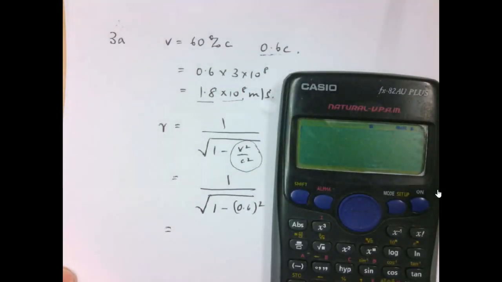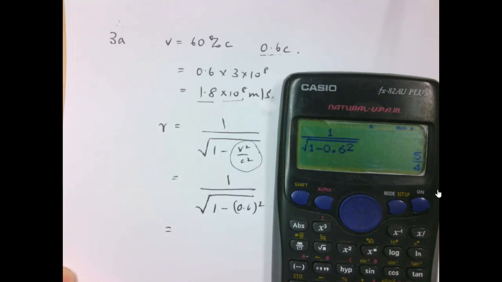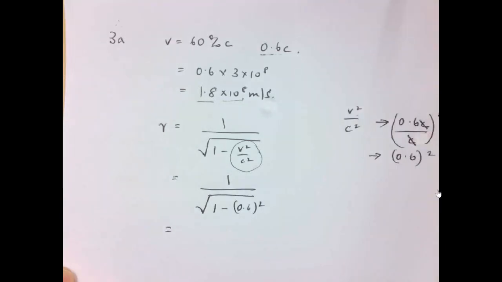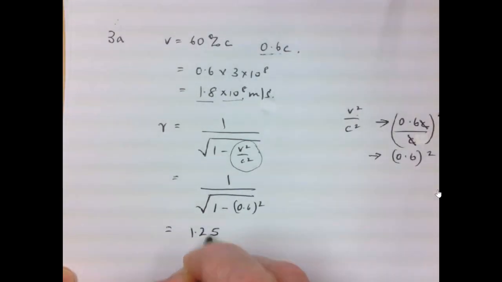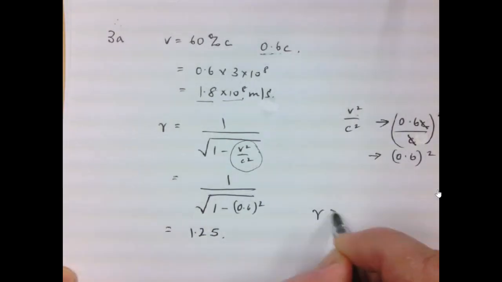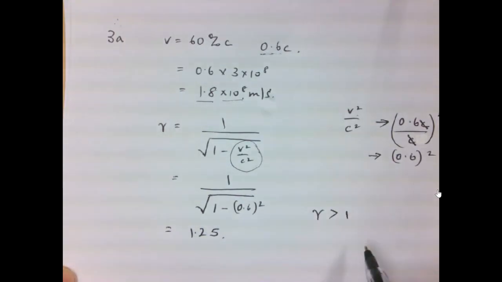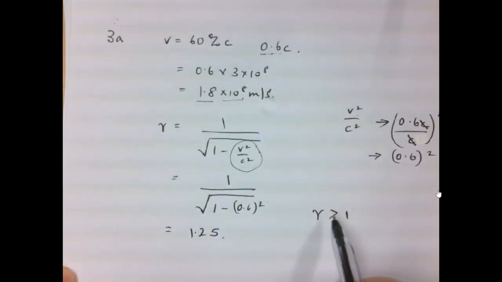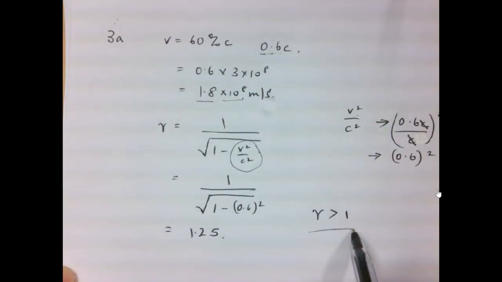Putting that into our calculator, 1 over the square root of 1 minus 0.6 squared, and we get the decimal 1.25. Always check your gamma must be greater than 1, because it's the ratio of the effect of relativity to the non-effect of relativity, in other words, to what happens in proper time.